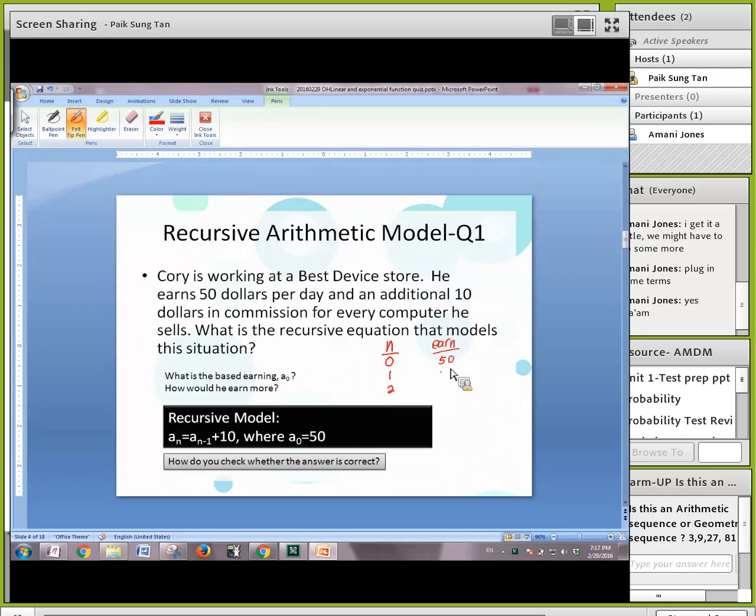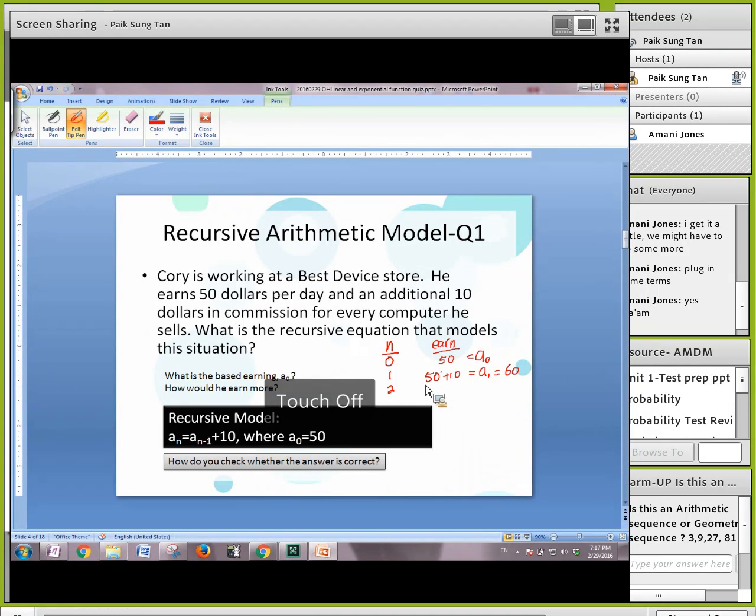So when n is 0, what you got here is a_0. And when n is 1, what you're calculating is a_1. So when he sells one computer, he's earning 50 plus $10, right? So a_1 is actually 60, right?